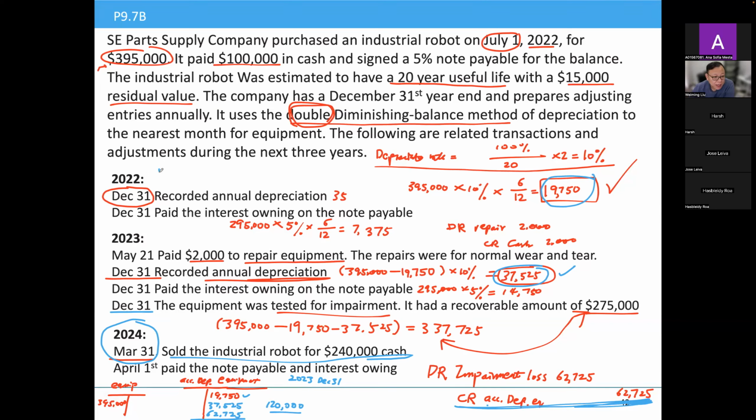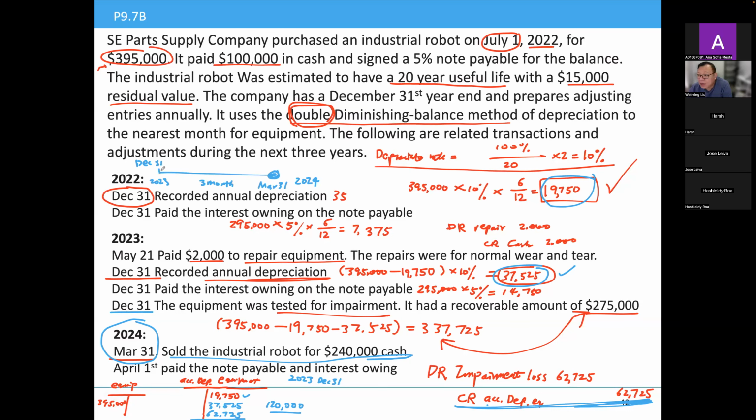Why? Because here is December 31st, 2023. Now we are talking about March 31st, 2024, right? So it's at this time we dispose of the equipment. And there is a 3 months time period since the last depreciation calculation, right?